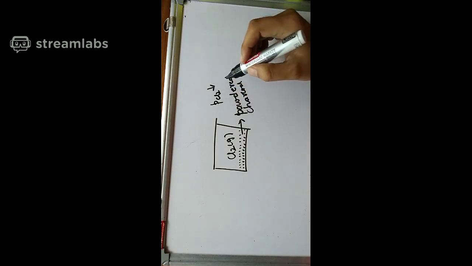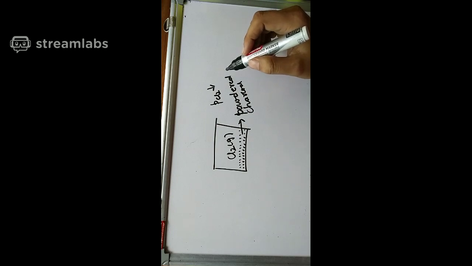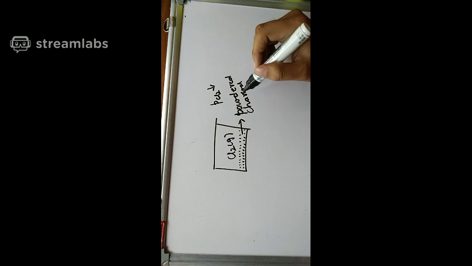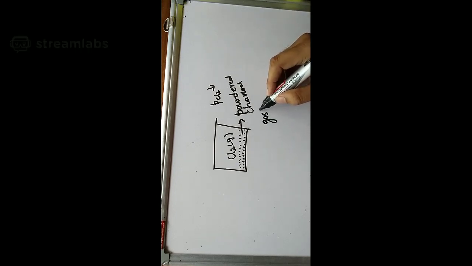That is only because of adsorption. On the surface of charcoal, chlorine gas is being adsorbed. So this is an example for adsorption of a gas on a solid surface. I think this point is clear, students.